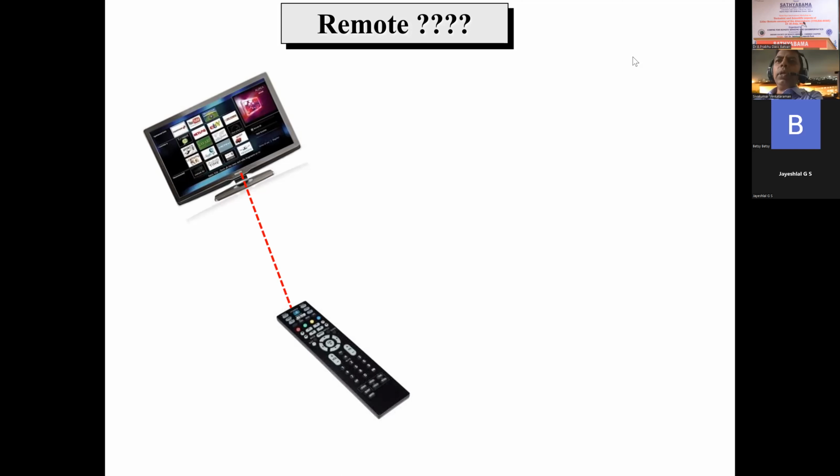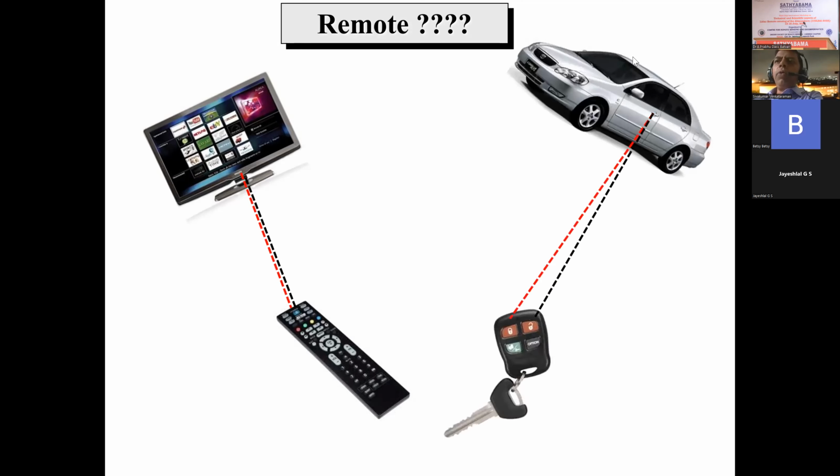That's what the remote is functioning for you. The same applies if you have a car where you lock or unlock your car with the remote. So we have a large number of remote devices, but the basic understanding is that you are trying to operate something at a distance. That is the meaning of remote, which I want to inform you.